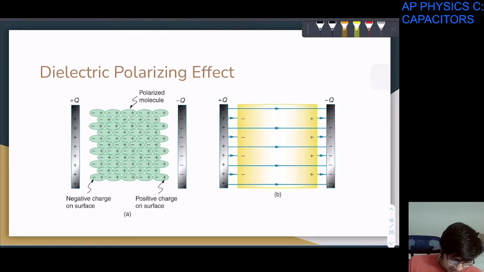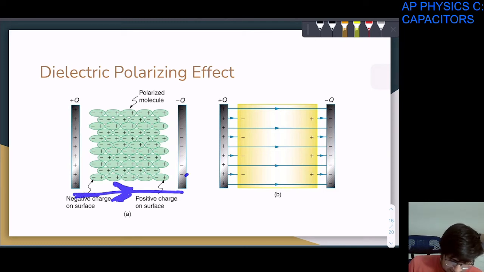A more visual way of thinking about this is that you have your parallel plate capacitor here, with positive charges on one plate and negative charges on the other, and this creates the electric field.